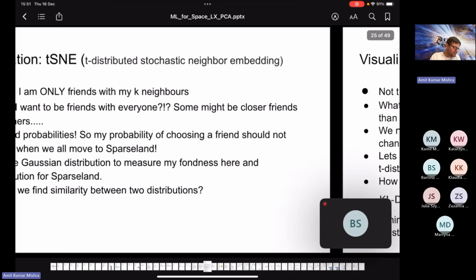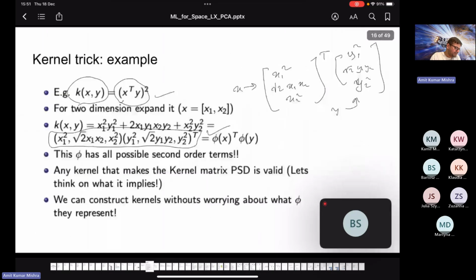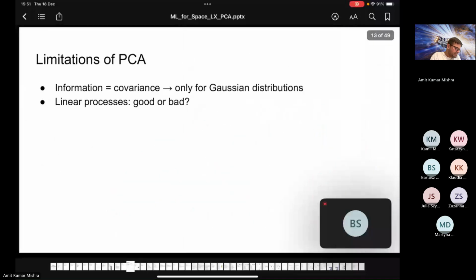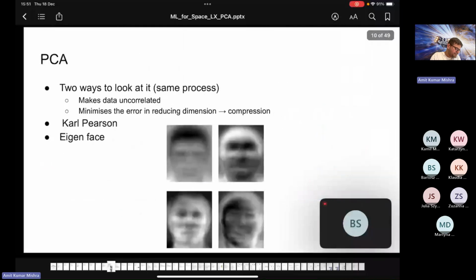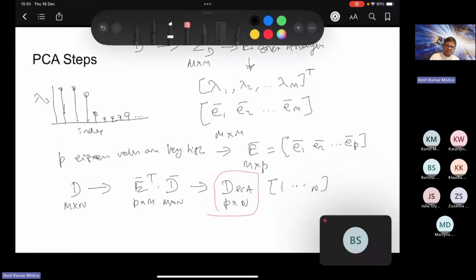Let's go back to the steps we developed for doing PCA. What is it? Yeah. This is what you have used to find the smaller dimension data, right?